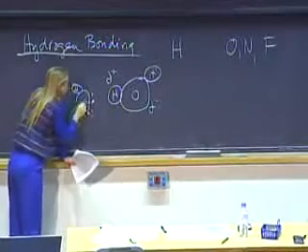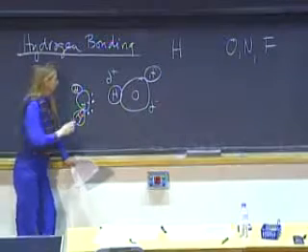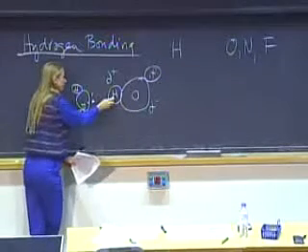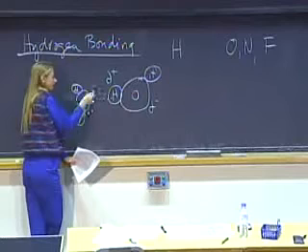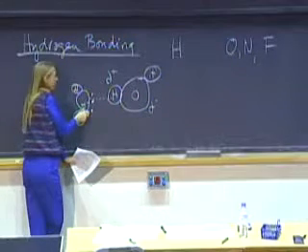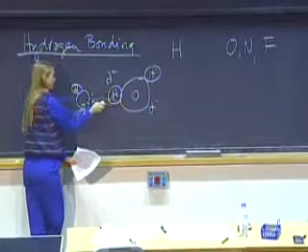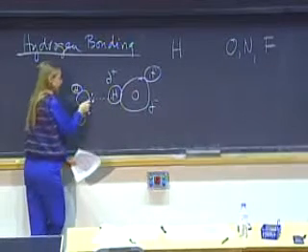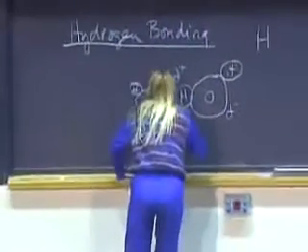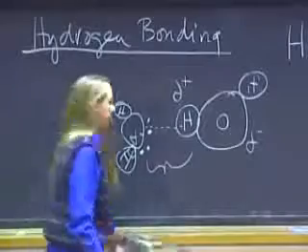And since this is partially negative, this hydrogen will interact with one of the lone pairs on this oxygen, and it will form a bond. This is a little bit partially positive, this is a little bit partially negative, and the result is a bond between the hydrogen and the oxygen.